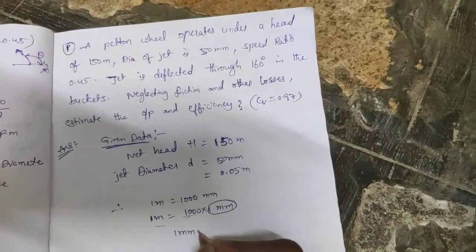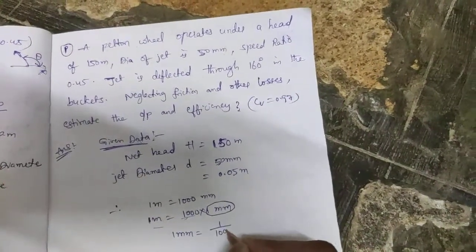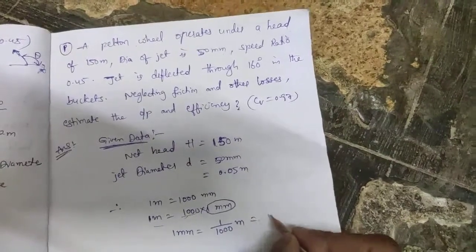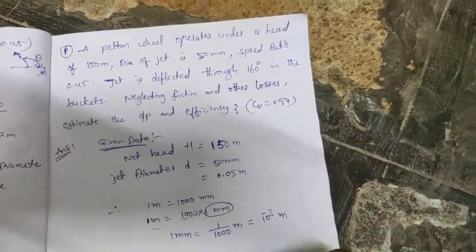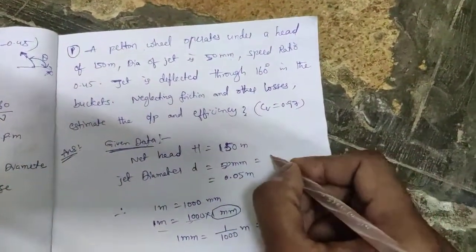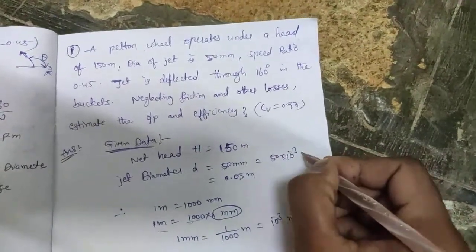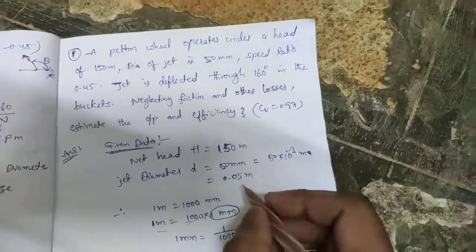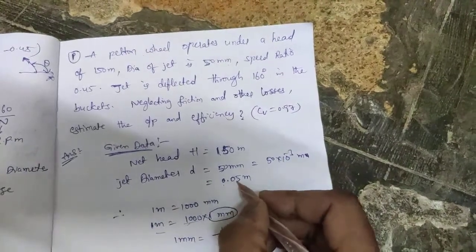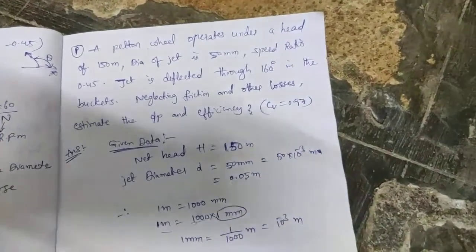That means 1 mm equals 1 by 1000 meter, or 10 power minus 3 meter. So here I will do 50 into 10 power minus 3 meters, that means 0.05 meters.